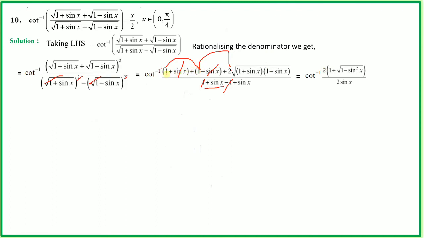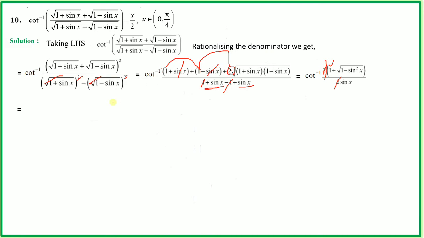We have taken 2 common, so 1 is inside, and plus the 2 we have already taken common, so under root this. Look at here, inside the square root, a plus b into a minus b, so what will happen? A square minus b square, 1 minus sin square x, and the denominator is sin x plus sin x, 2 sin x. Now this 2 and this 2 will cancel.